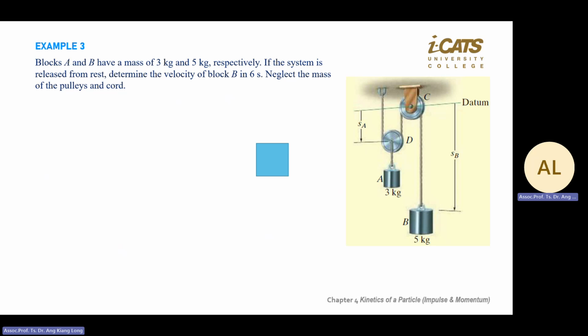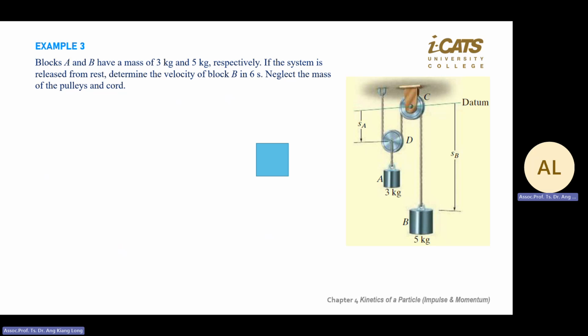What needs to be careful here is the datum. On the graph here, your datum is at C, as A goes down positive, as B goes down positive. You are given blocks A and B, one with 3 kilogram and 5 kilogram.